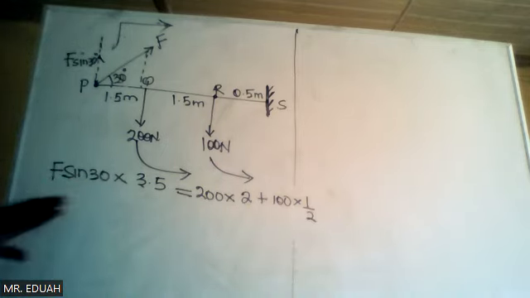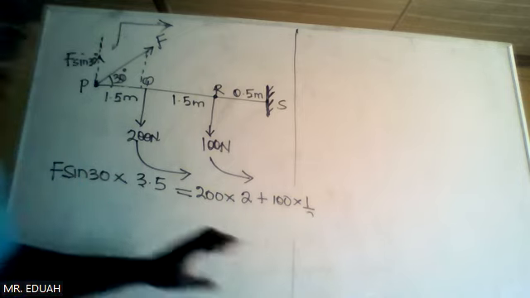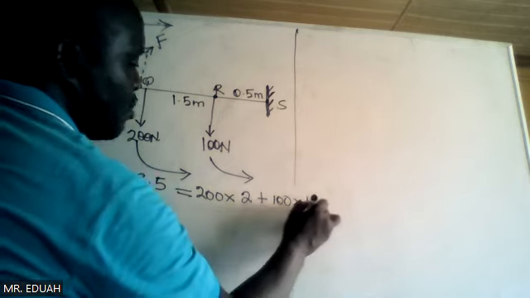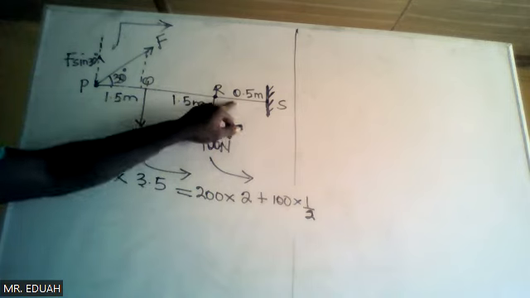So this is the clockwise moment. This is the sum of the anti-clockwise moments. In fact, I changed 0.5 to a fraction.